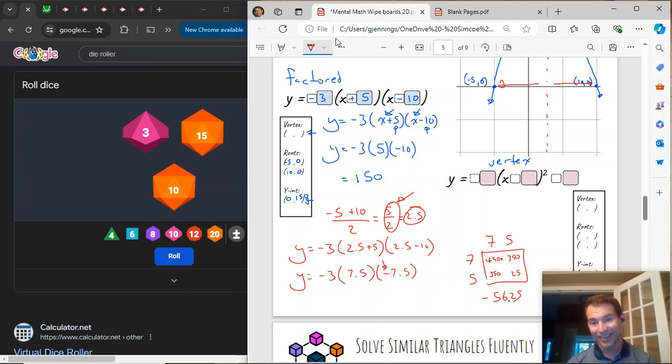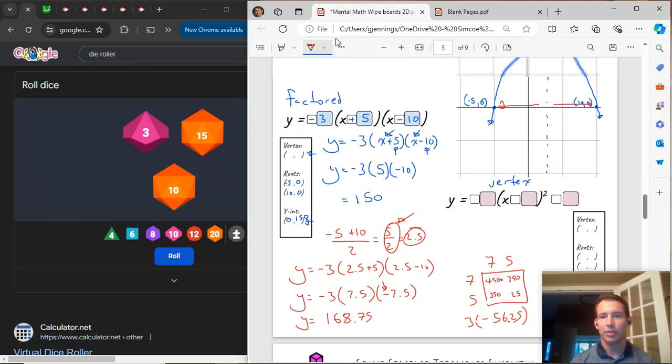So this is y equals 3 times this, which happens to be 168.75.